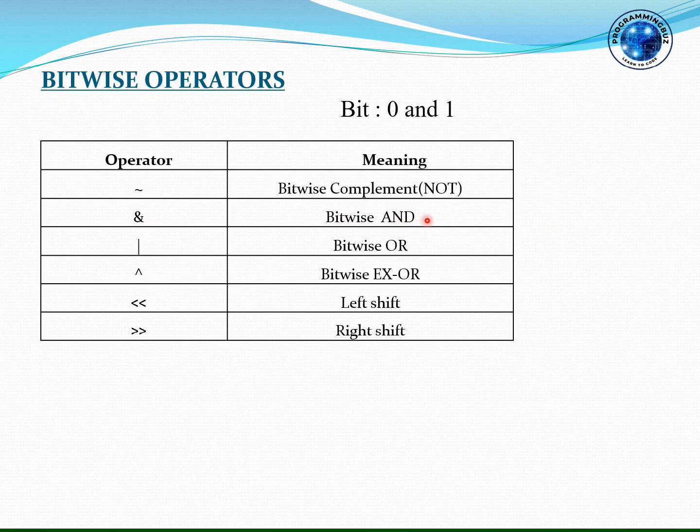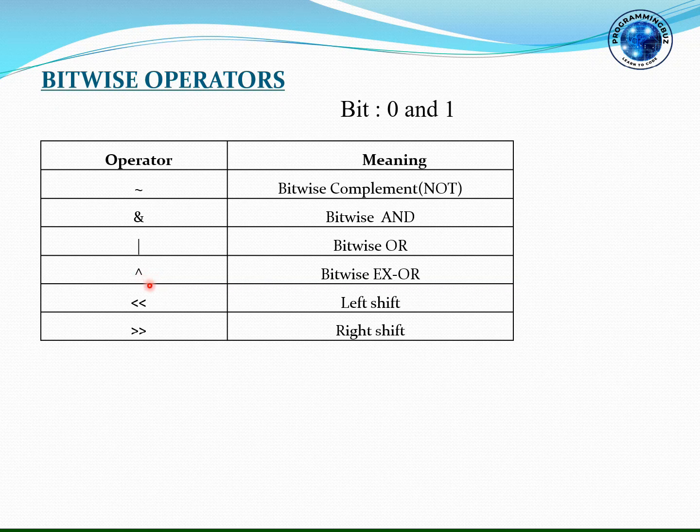We have used AND before in the logical operators, but there were two ampersands. This is a single ampersand, which is used to do the bitwise AND operation. Similarly, this is a pipe symbol, one pipe symbol, which is bitwise OR.